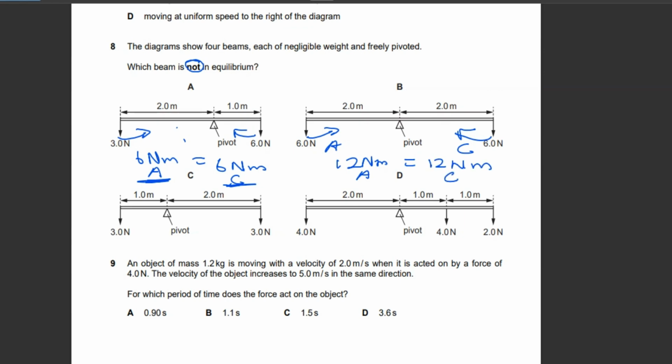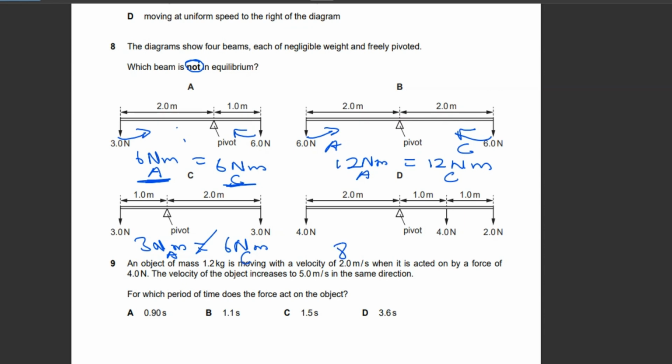If you do for all others like that, so if you do for this, we are going to have 3 Newton meter anti-clockwise, and this will be 6 Newton meter clockwise. Already I've seen the one that is not equal, but let me check for this.